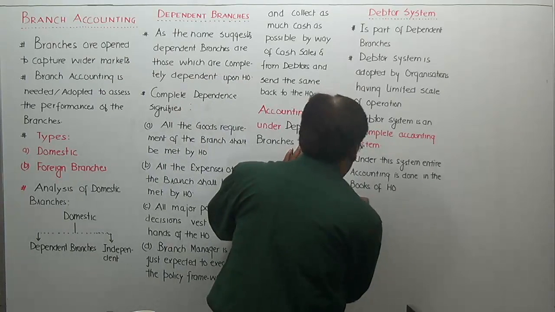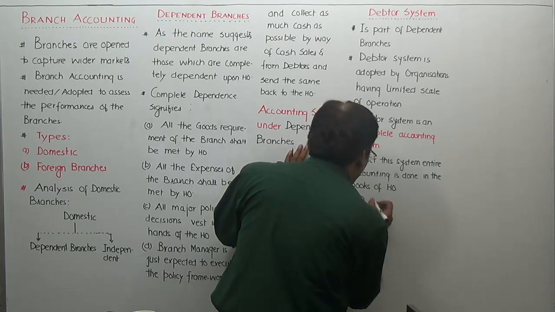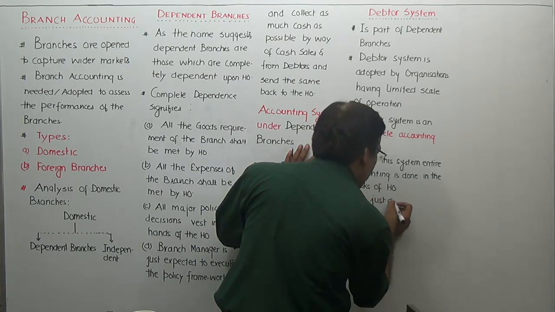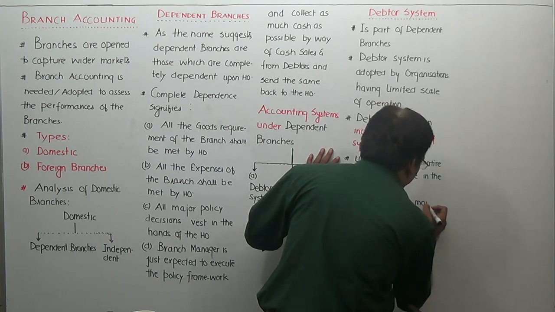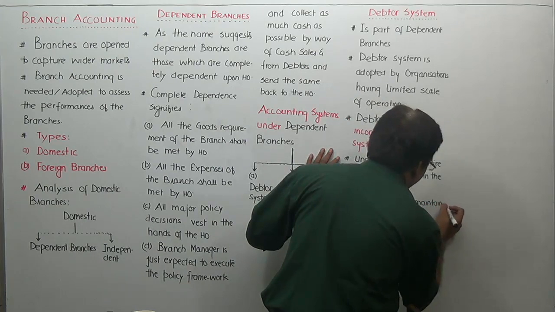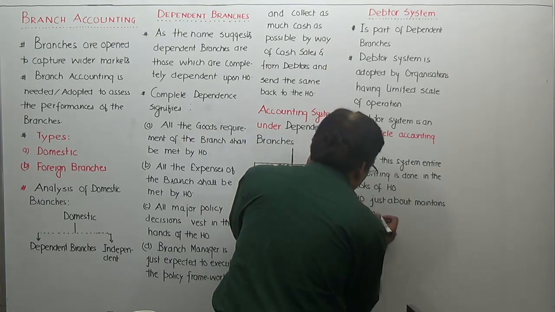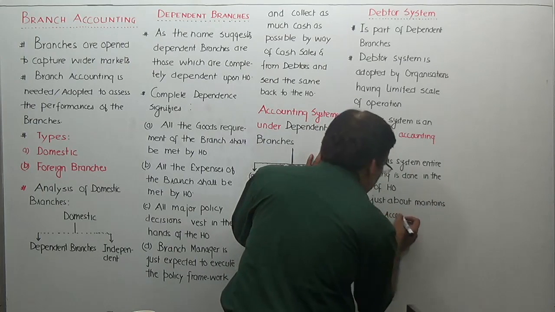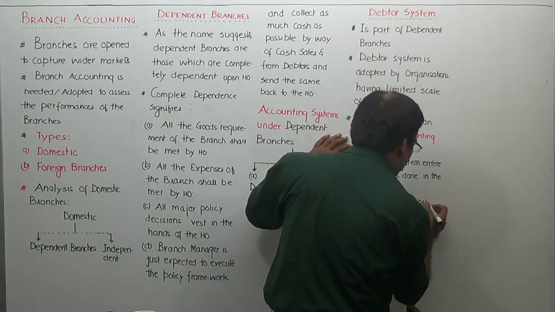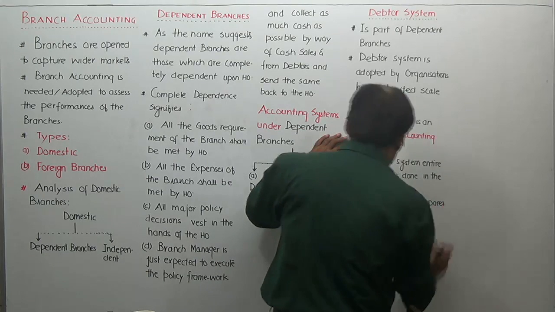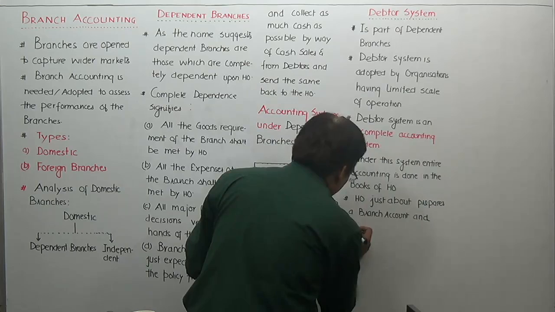Now, head office just about prepares a branch account, you better write, prepares a branch account and maintains a sales ledger.